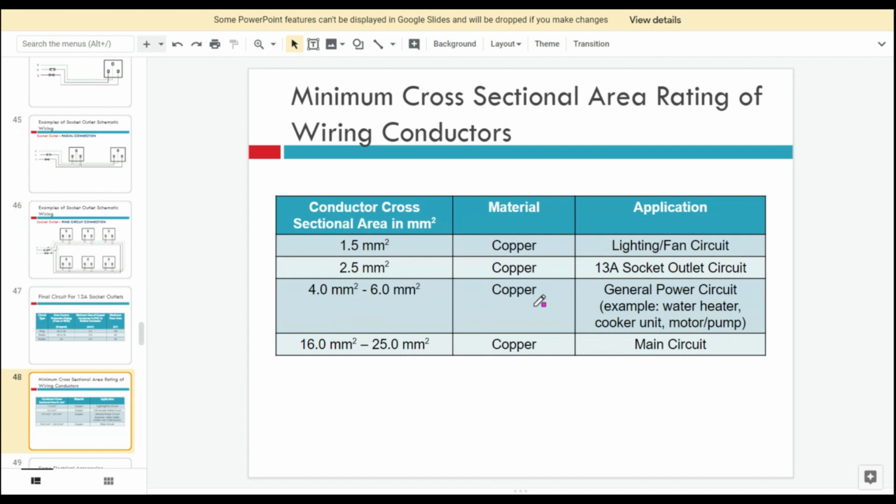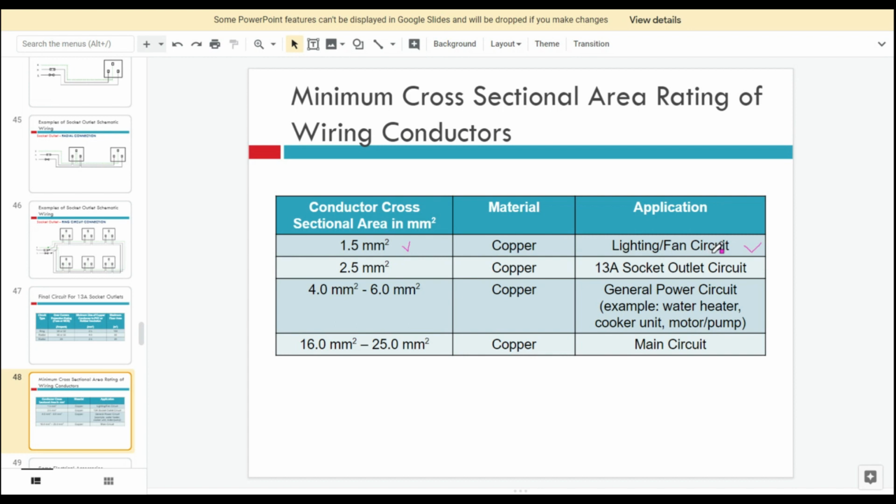The next is the minimum cross-sectional area rating for the conductor. Okay, so if you want to connect the wiring for the lighting and fan circuit, you have to use the cable sizing of 1.5 square millimeters, and the material is all copper for the conductor.